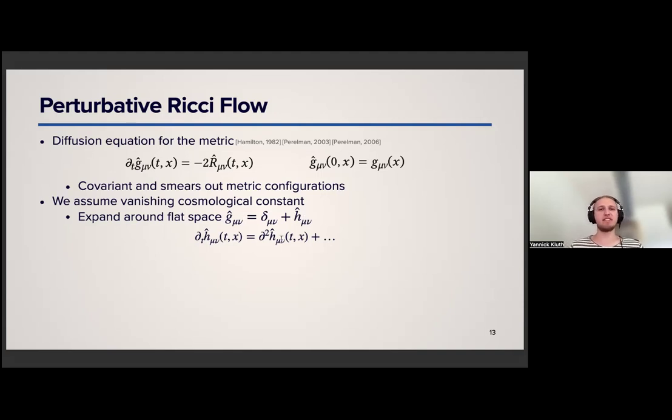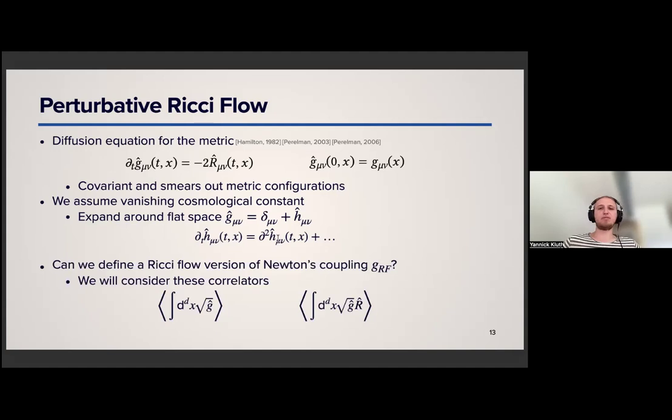And of course, expanding on the flat background gives us the possibility to apply standard Feynman diagram techniques that really rely on Fourier transformations. And we also see that if we expand the right-hand side around the flat background, we have the second derivative showing up here. So we have a very similar behavior as in gradient flow QCD, where we have at leading order this sort of p squared or heat kernel-like suppression in the flowed metric.